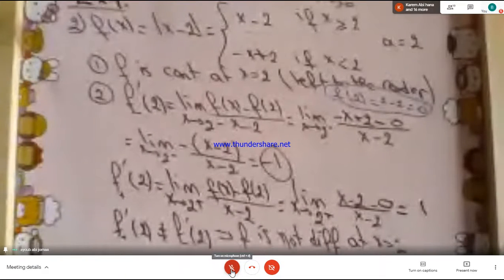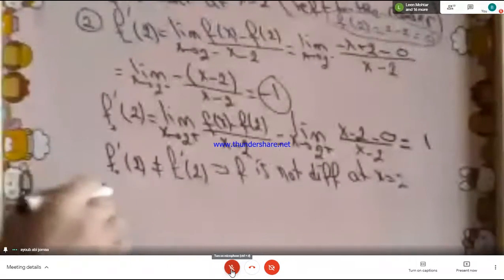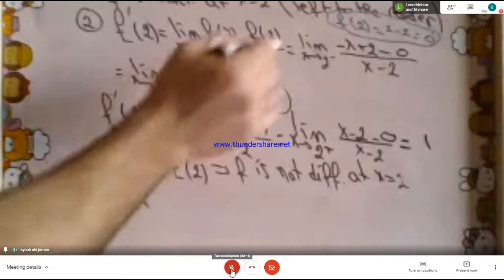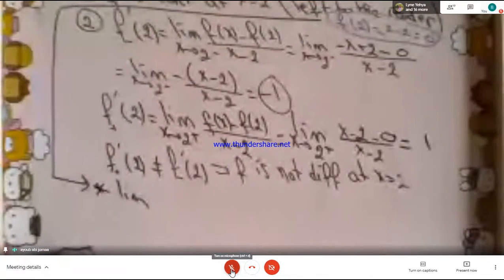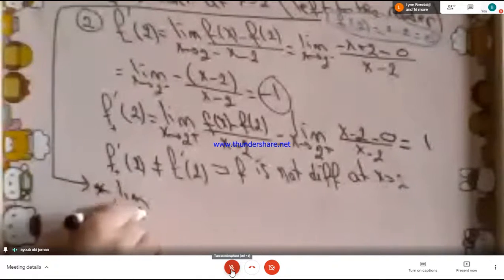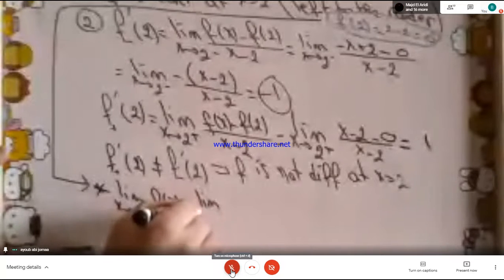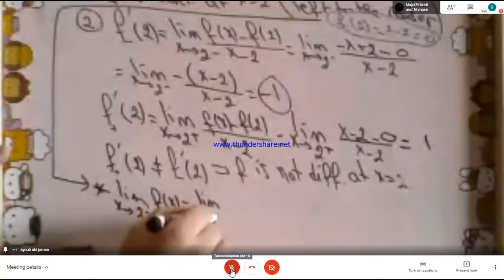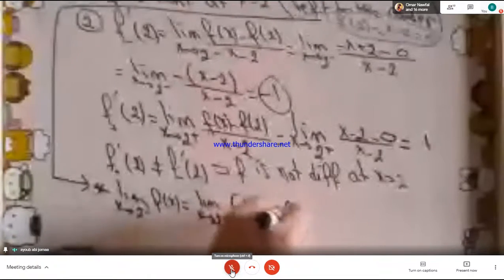This part left to the reader. I'm going to write it here. Limit, a left to the reader. I'm going to rewrite it again. Limit as x approaches 2 minus of f of x. It is the limit as x approaches 2 minus of negative x plus 2, which gives 0.